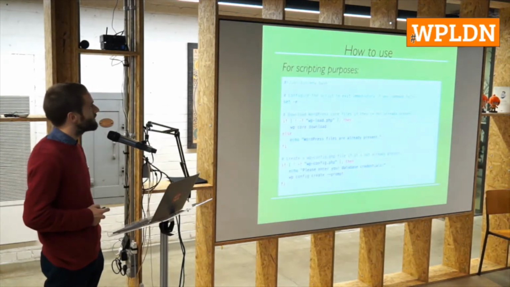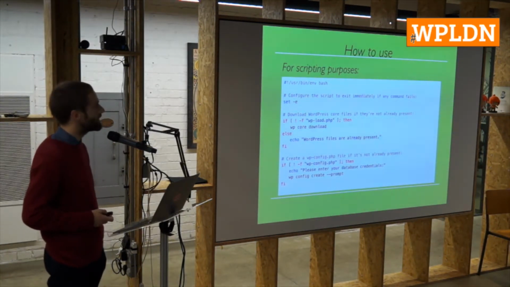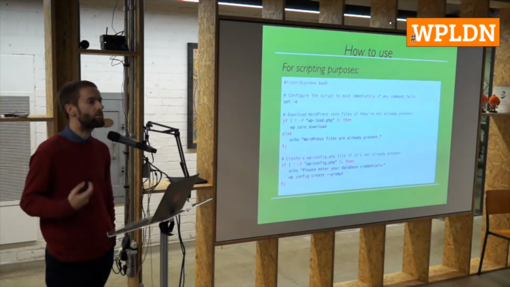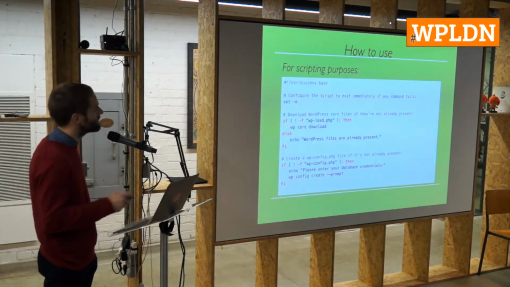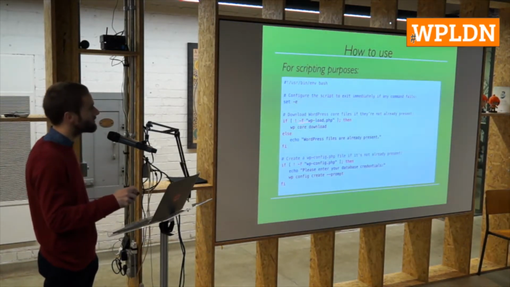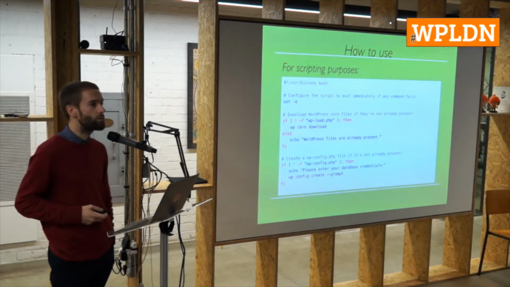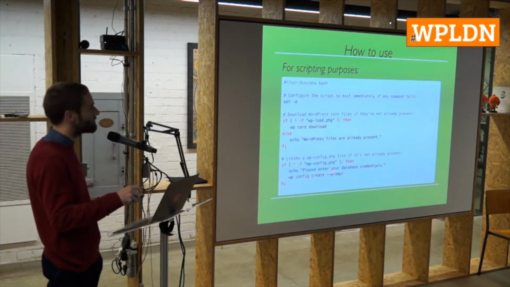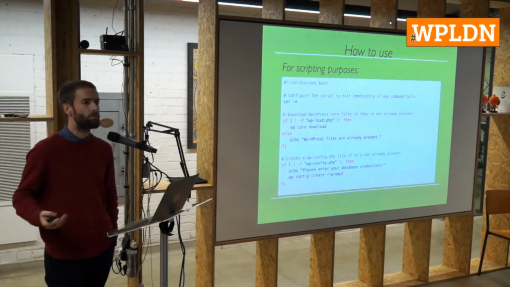But there's also another way of using WP-CLI, which is by scripting it, for example, in a bash script. And this is typically used for automation, for repeating tasks instead of just one-off tasks. This is the top of a script which downloads WordPress, so you can actually use WP-CLI before you even install or download WordPress. And then it starts to set up the configuration file for WordPress. You can also install WordPress and set it up.